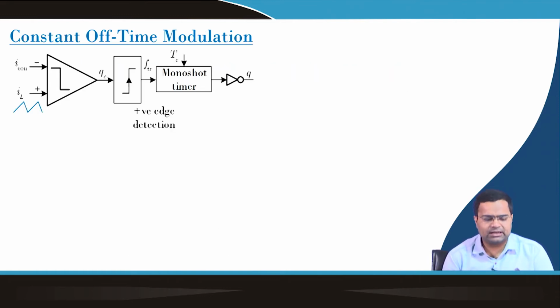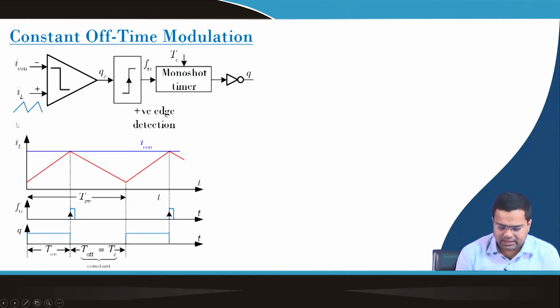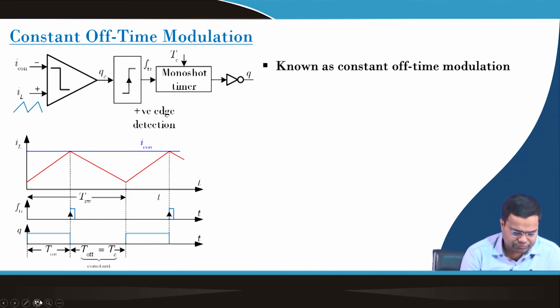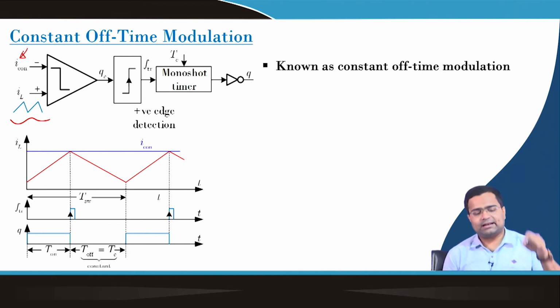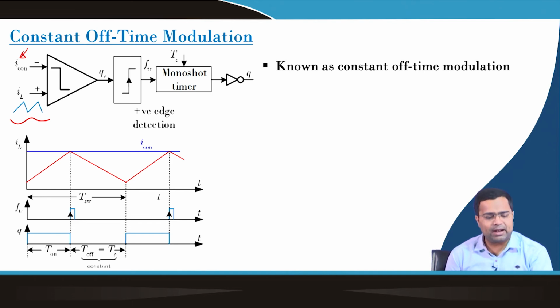Constant off time modulation, if we take the current based constant off time modulation, this is similar to our peak current mode control. This is my peak current reference and the inductor current, and they are compared using a comparator.